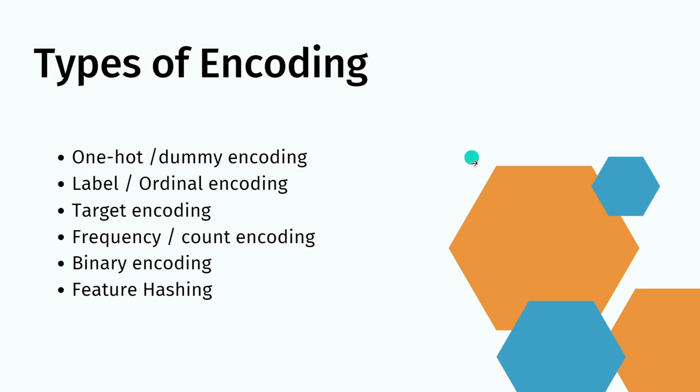So the types of encoding. There are various types of encoding, and not all are mentioned here, but most of the common ones are. There is one hot encoding, or dummy encoding as you call it. We'll be seeing this in the sample code. What one hot encoding basically does is it takes a feature and creates multiple additional columns in that data set.